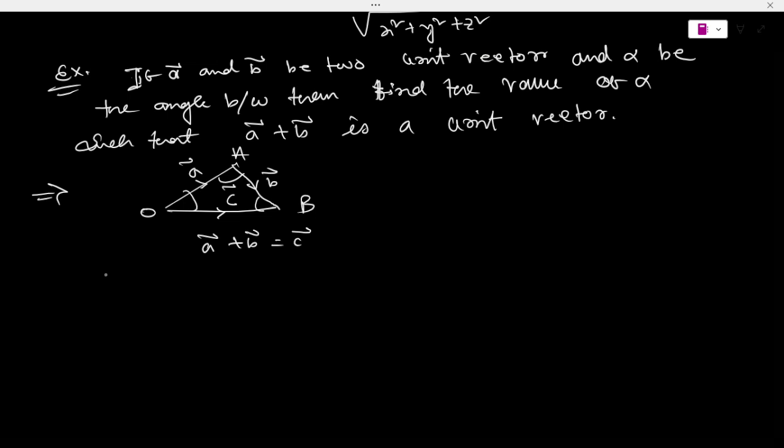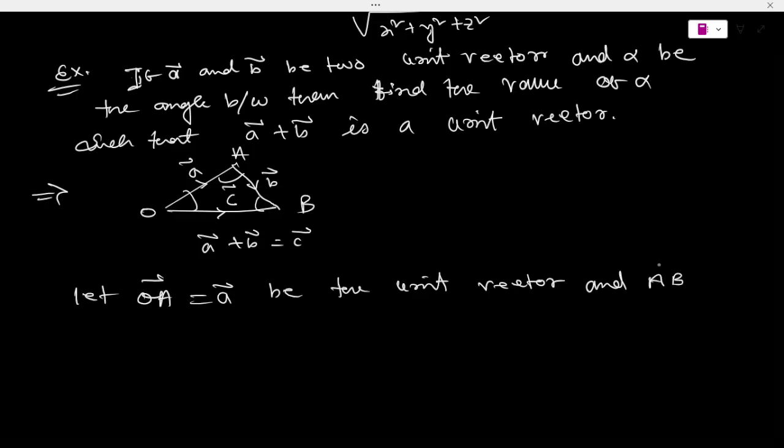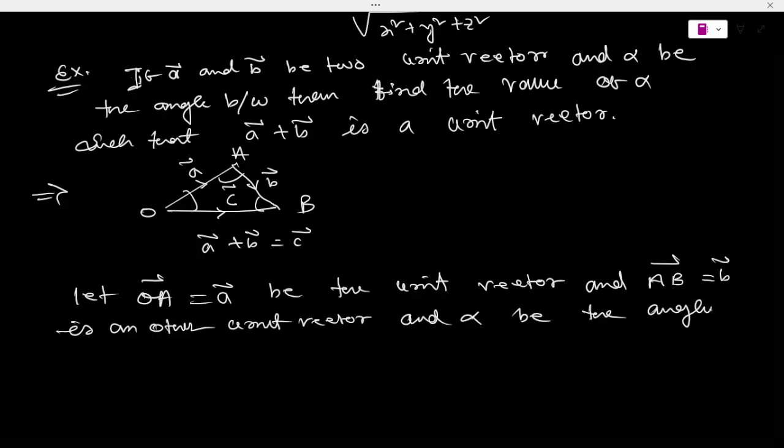So as per these things, let OA be equal to a vector, a unit vector, and AB is equal to b vector, another unit vector, and alpha be the angle between the a vector and b vector.